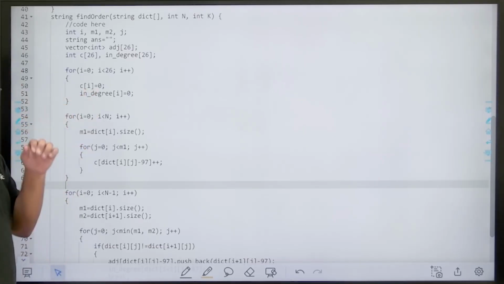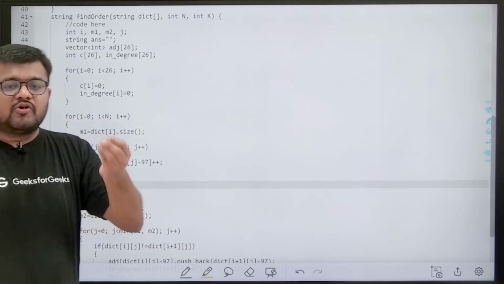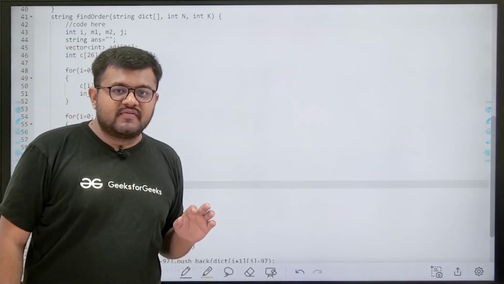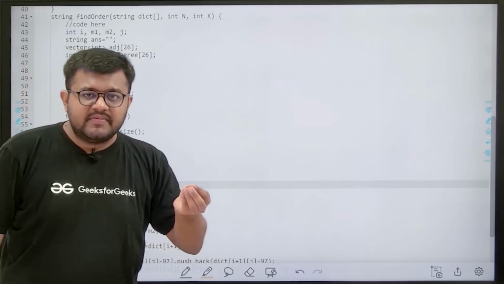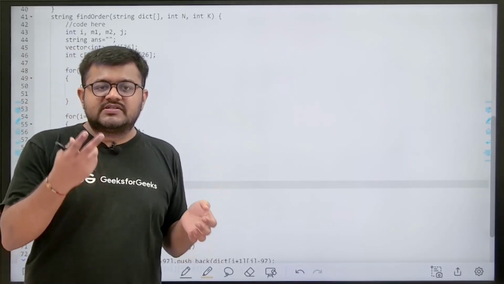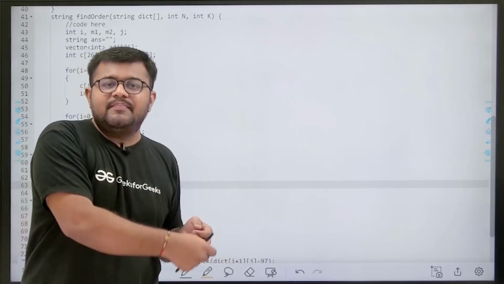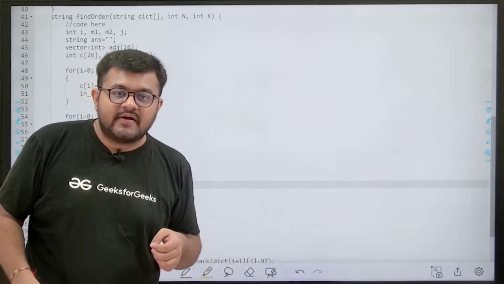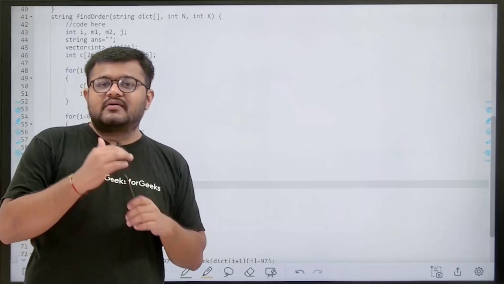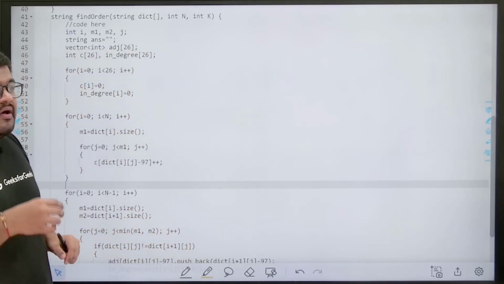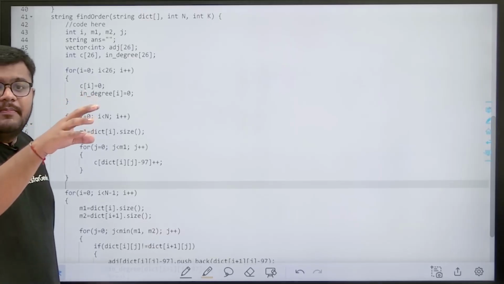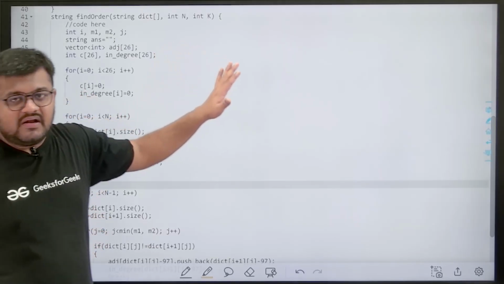Why have I taken the counter array? Because understand, if a particular character is not present in any of the words, then obviously its in degree will be 0, right? Because it is not present. Suppose I have two words AAA and AAB. There is no C, D, E, F and so on, so the in degree will definitely be 0. But for those characters which are independent, like how Z was independent in our example, right?